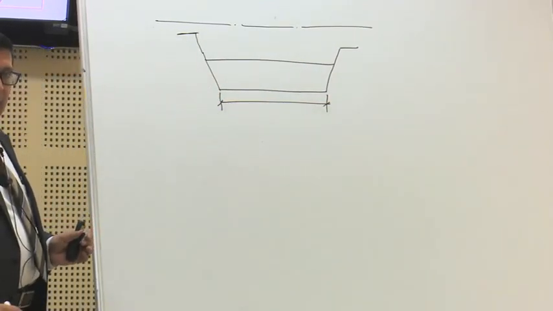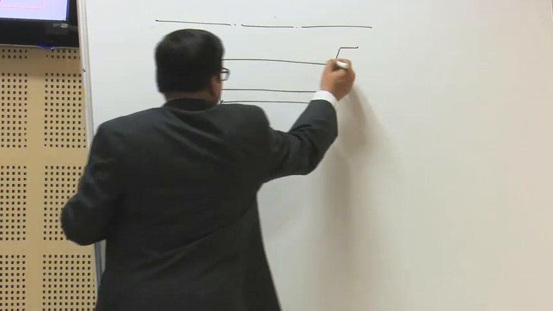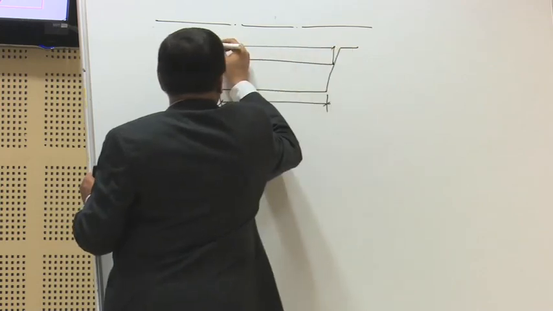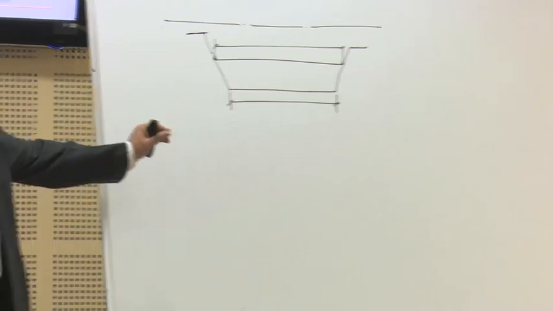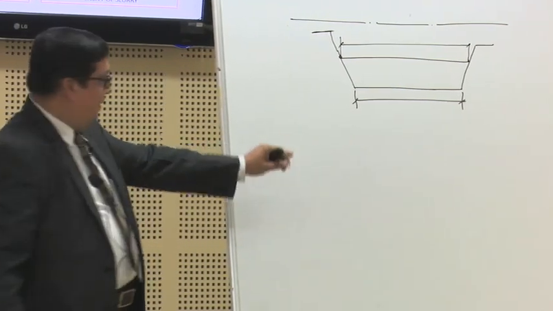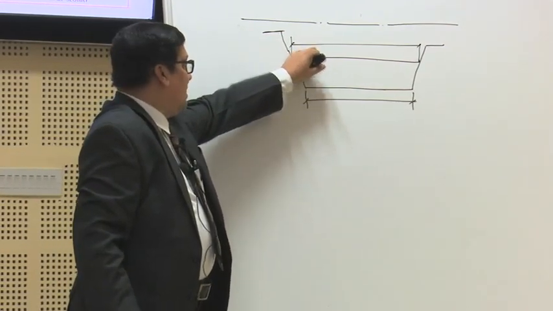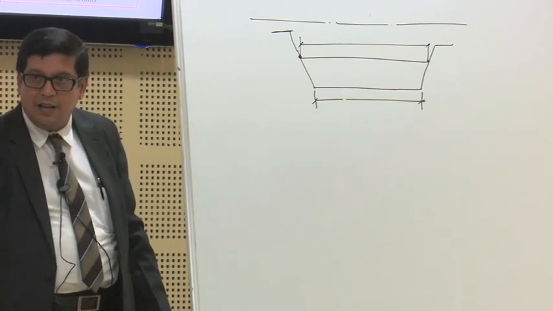People say effective length is the average of this length and that length. This is wrong, that is not the effective length. Average of this length, this is the charge level top. So average of this length and that length is the effective length of the mill. This is not correct.